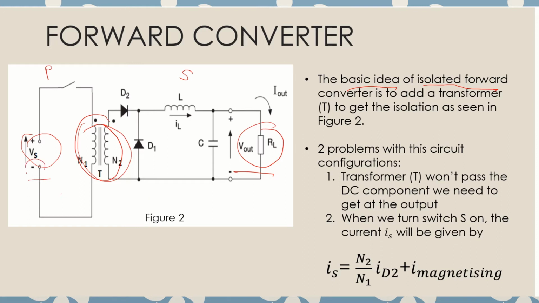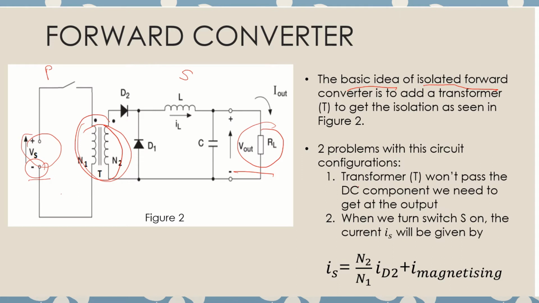If something bad happens at the input, some fault happens at the primary side, it will not damage the secondary component. All right. However, this basic idea of the forward converter has a problem.